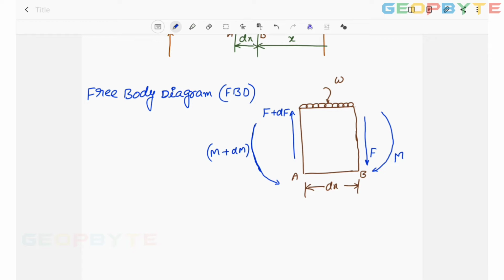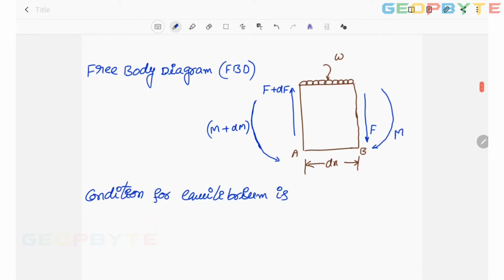Now let us take the forces. Condition for equilibrium is important information. Condition for equilibrium is, let us look at the forces.